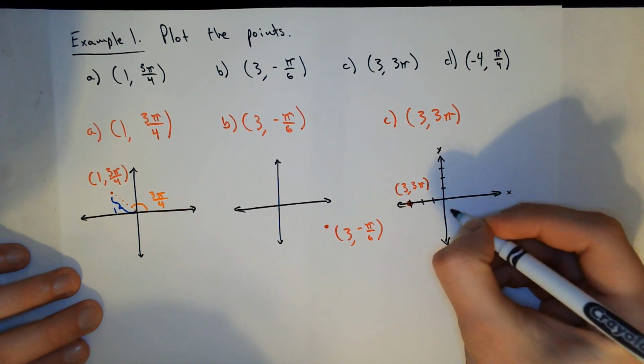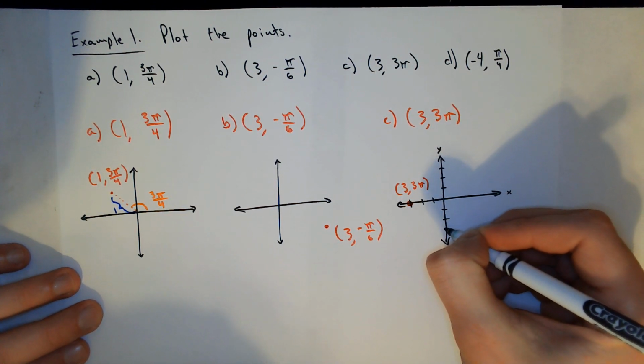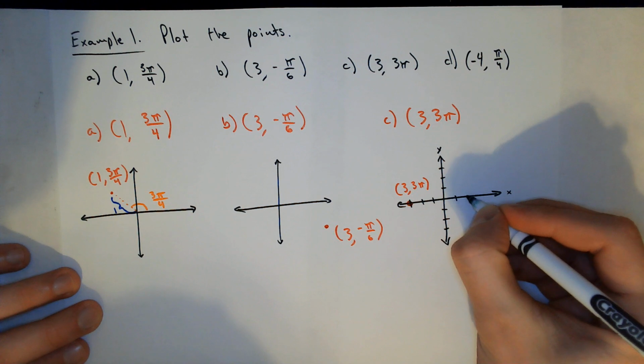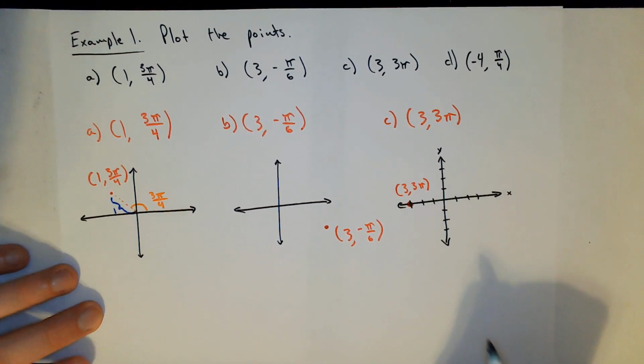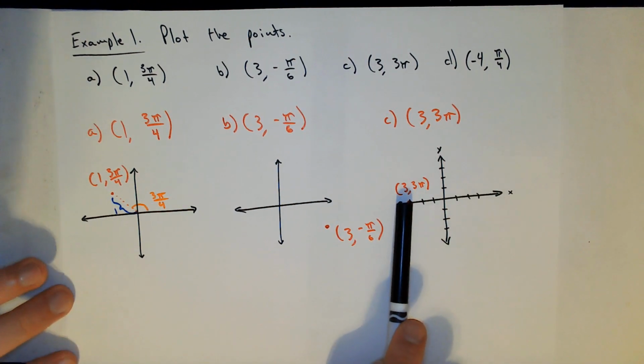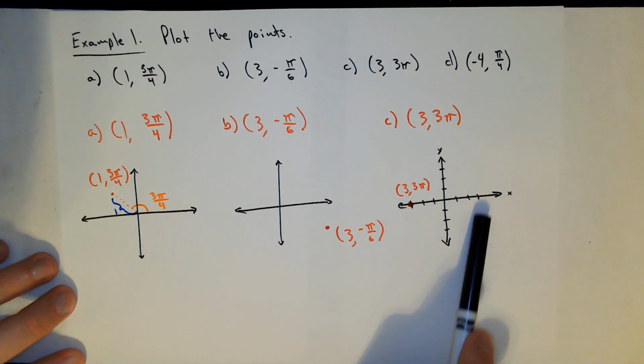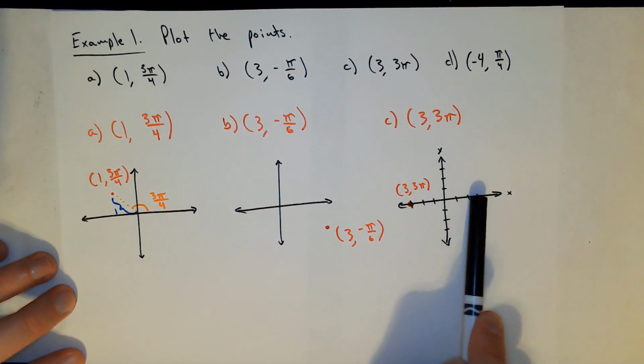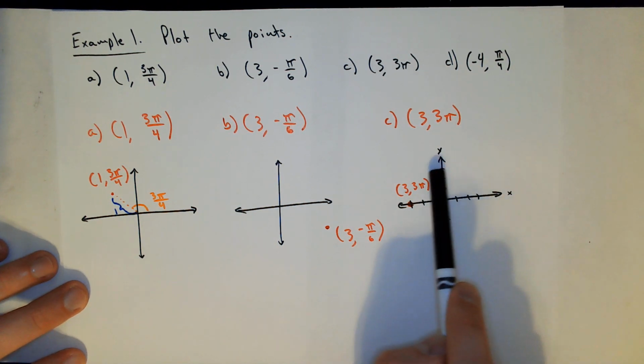I can put xy tick marks on here. But that still doesn't change where this polar point ends up. It's at an r value of 3 and a theta value of pi. It goes all the way from here all the way around.